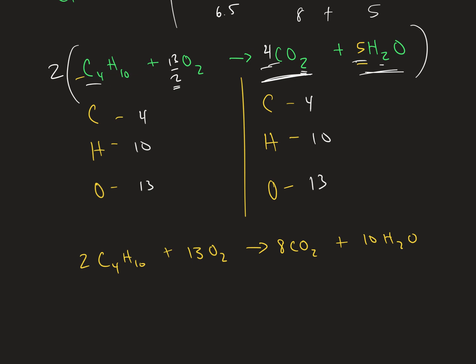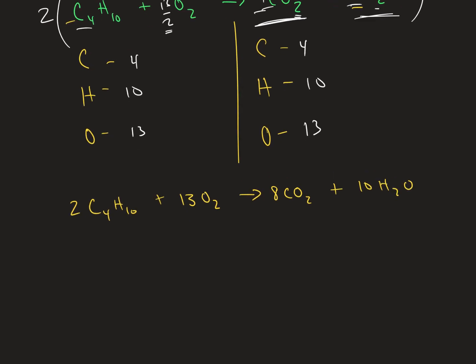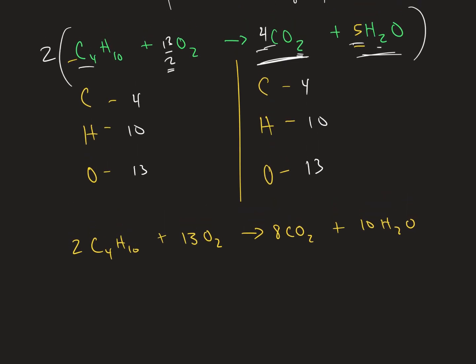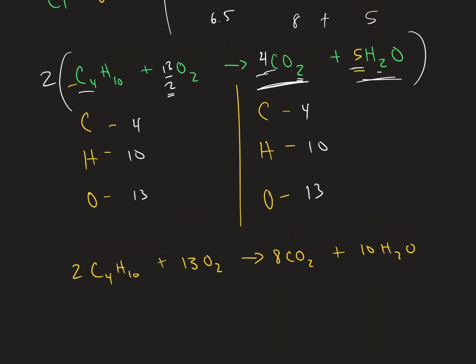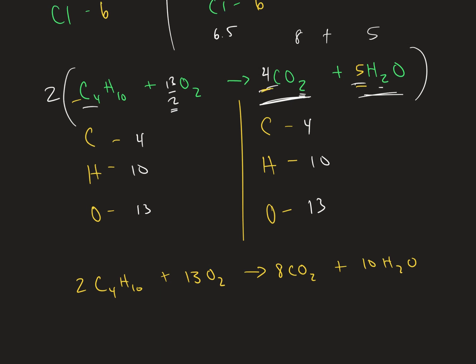Question. Yeah. So, can you scroll up just a little bit? When we did the oxygens, on the right side, we have 8 plus 5 because 4 times 2 is 8. There's 4 carbons, but why is it 8 oxygen? Why does that 4 get multiplied for oxygen? This says there's 4 carbon dioxides.